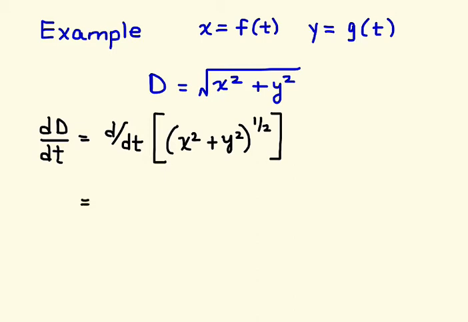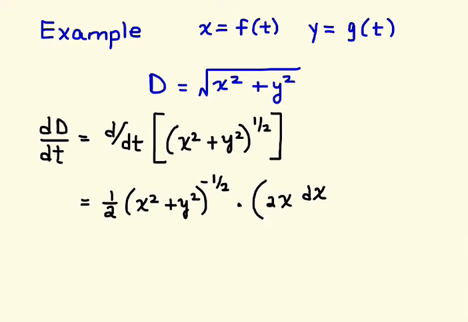So this is going to be equal to, well, the 1/2 goes in front, it's definitely chain rule, times x squared plus y squared to the 1/2 minus 1, which is a negative 1/2, times, and now I have to take the derivative of x squared plus y squared. The derivative of x squared is 2x, but the derivative of x with respect to time is dx dt, plus the derivative of y squared is 2y, and the derivative of y with respect to time is dy dt.